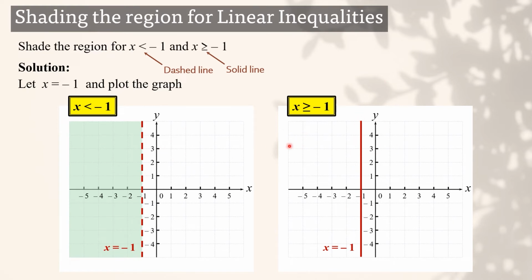Both of them cross the x-axis at -1. For the second example, x is greater than or equals to -1 means that the values of x are getting larger and larger. So we will shade the region on the right hand side of the solid line.